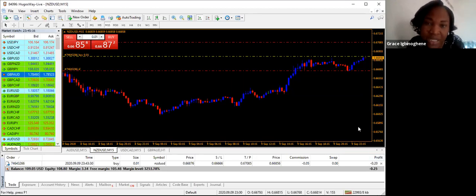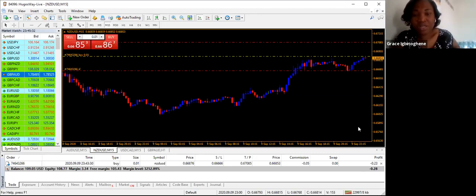But as a good trader, you can leave it there to play out, because sometimes the fact that it's retracing doesn't mean it will not bounce back. It might bounce back later.